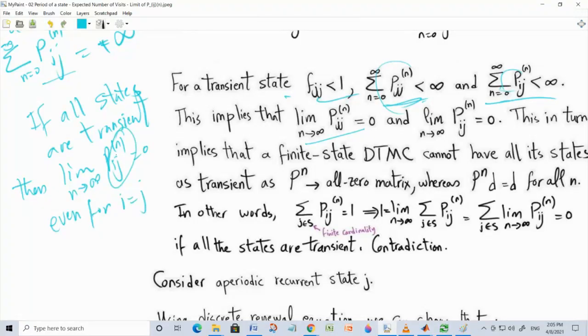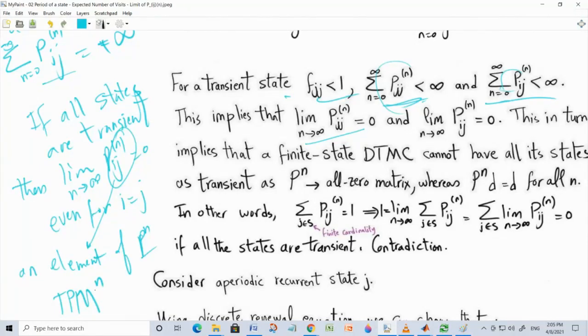What are those? Remember that this is an element of p to the power n, the transition probability matrix raised to the power n.